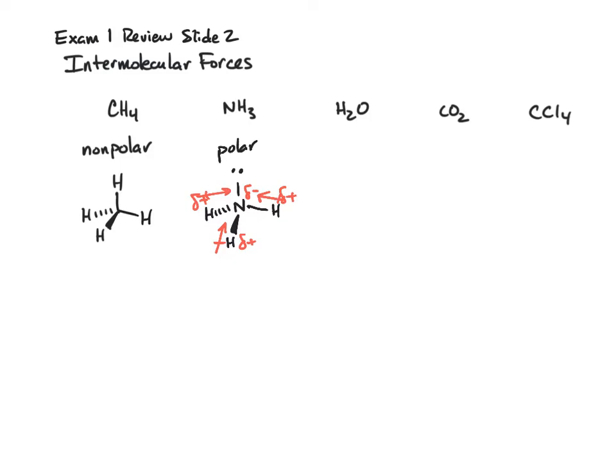You need a direction and a magnitude. So you have 3 bond dipoles, and the sum of all of those is pointing up, and it's reinforced by that lone pair of electrons. So what does it mean to be polar? That there is a really big molecular dipole.